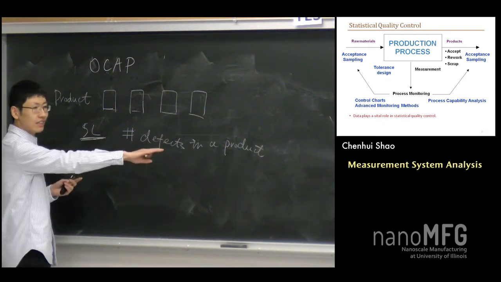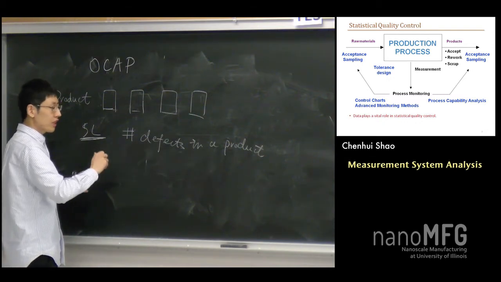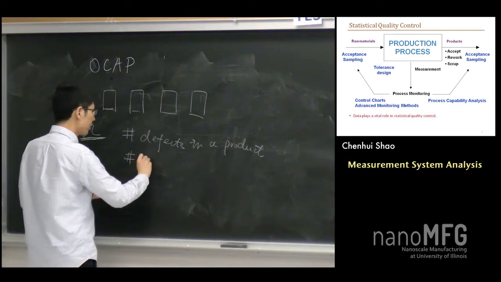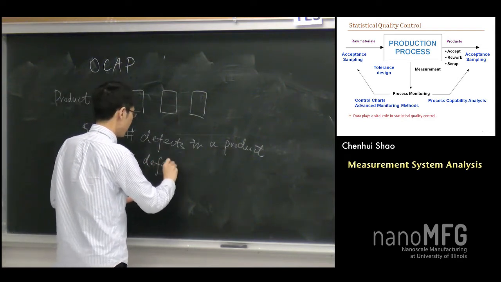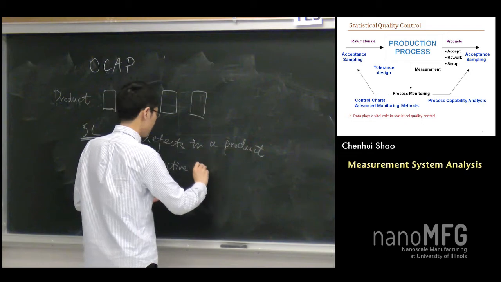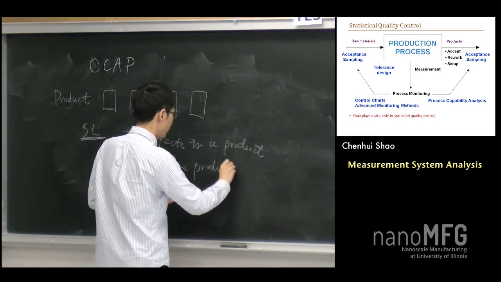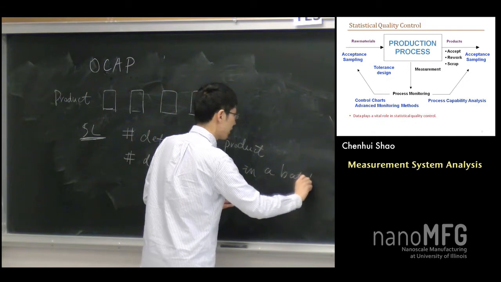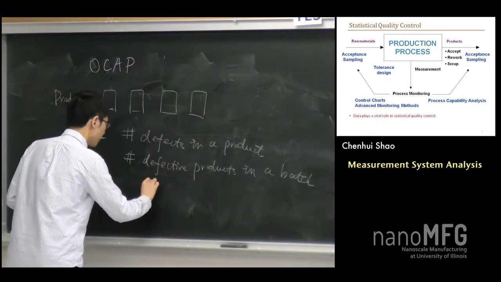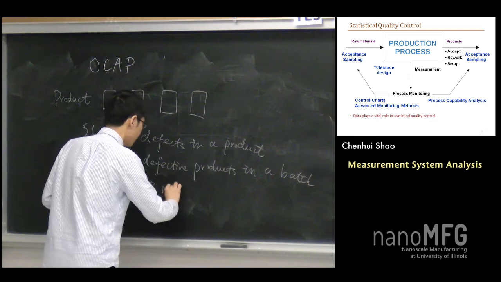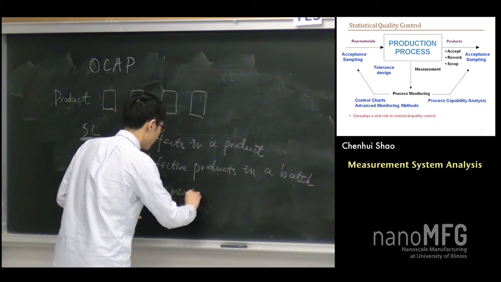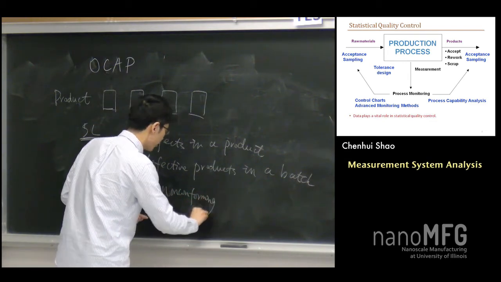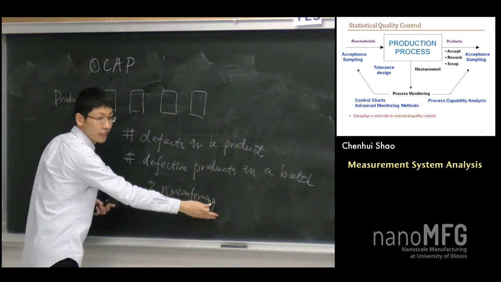Okay, so what if I want to monitor the number of defective products in a batch? Or a fraction non-conforming. We can also use defective rate for this terminology.